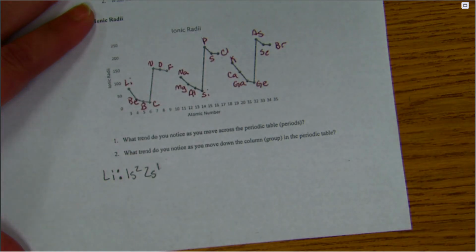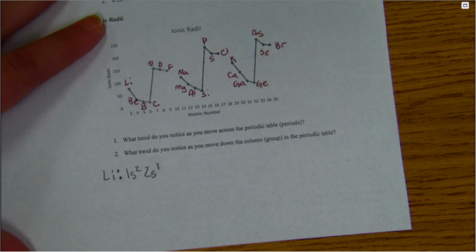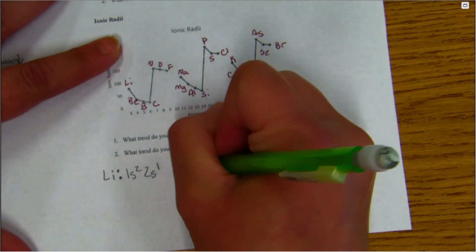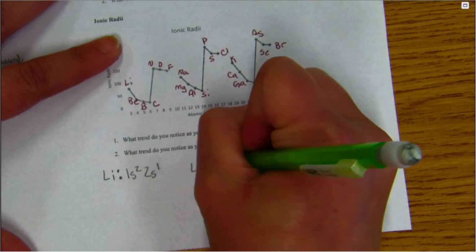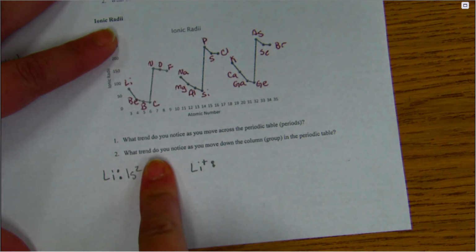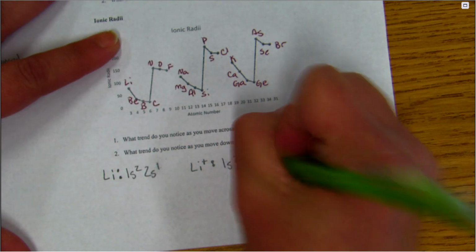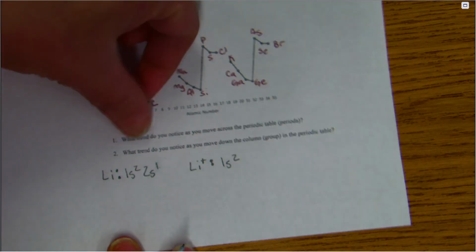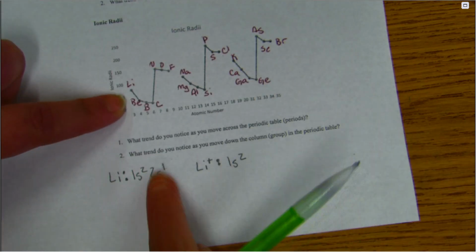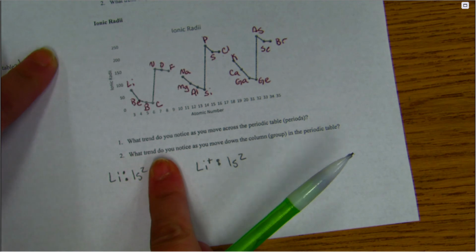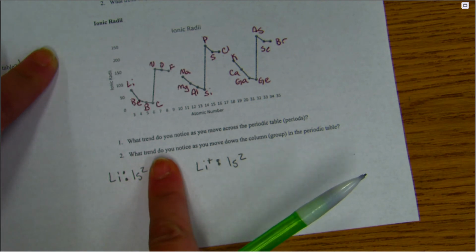And for a lithium ion, it loses one electron to become 1s2. So what are we doing here? When lithium forms an ion, it loses an energy level altogether.